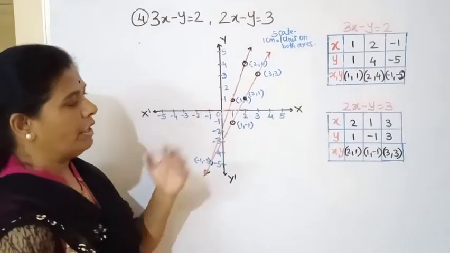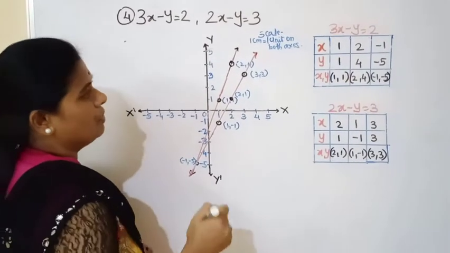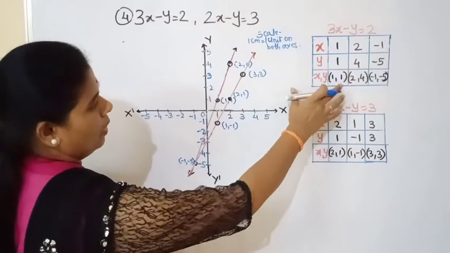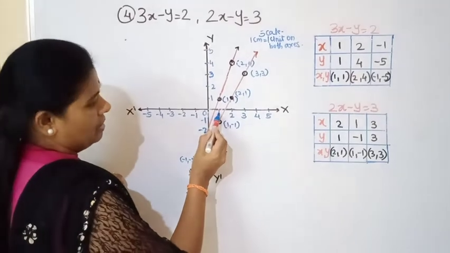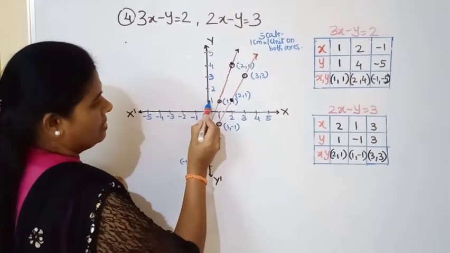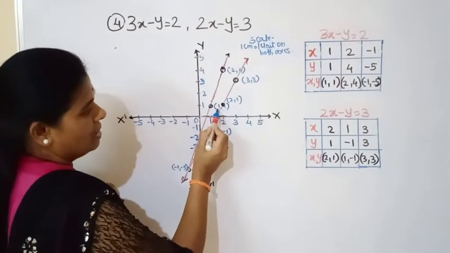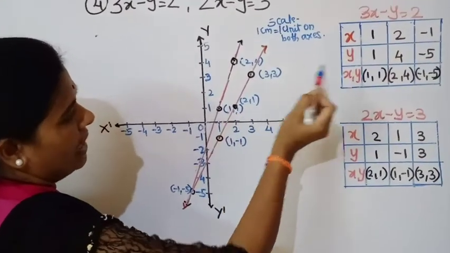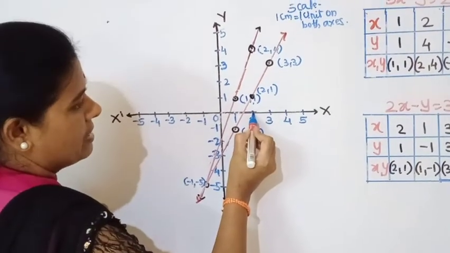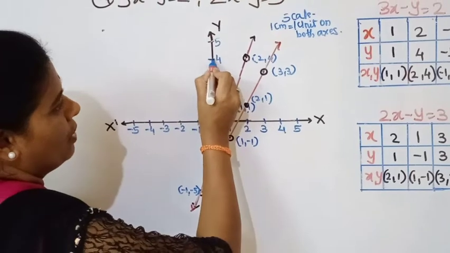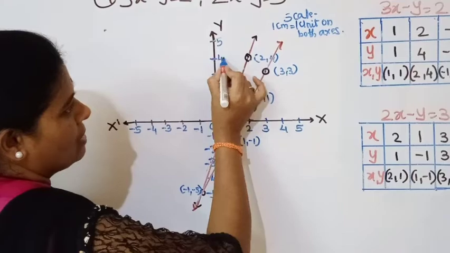Now I have plotted the points. I'll explain how I have plotted them. The first point of the first equation is 1, comma 1, x-axis 1 and y-axis 1. So I have plotted the point here, 1, comma 1. Our second point is 2, 4. x-axis 2 and y-axis 4.